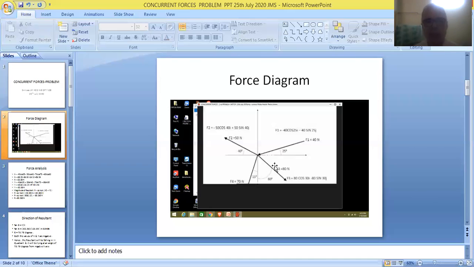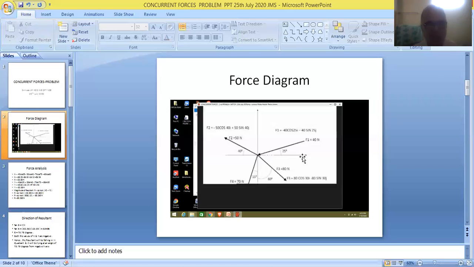Now, lastly, we have to talk about the directions. This force is acting in this direction, so it has to be resolved into two components, a horizontal component and a vertical component. This can be called a resultant. It is resolved into horizontal and vertical components.